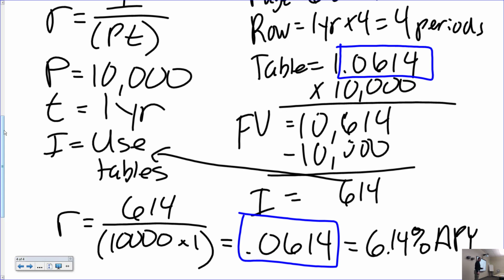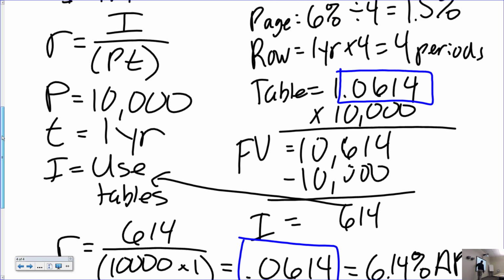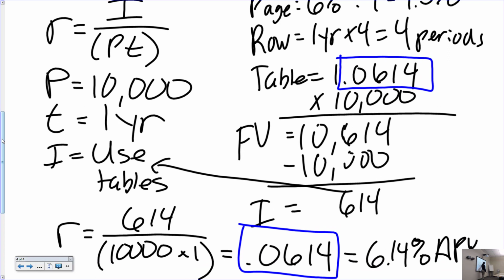Now, why is this? Just a quick insight as to why it works this way, right? Technically, the way we were figuring out how much interest, what do we wind up doing with our table value to figure out how much interest? What do we have to multiply by? The principal, right?